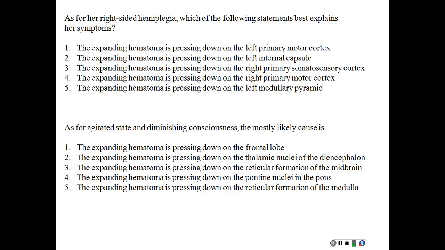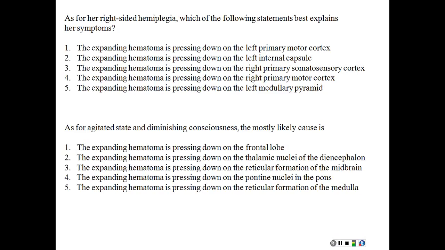So that's why we're having a lesion on the left presenting by an absence of motor function on the right. So absolutely, number one is the correct statement. As for the agitated state of diminished consciousness, what's likely to happen? The expanding hematoma is pressing down on the frontal lobe, thalamic nuclei, reticular formation of the midbrain, pontine nuclei, the reticular formation of the medulla.